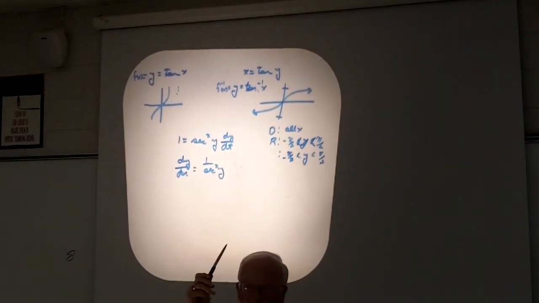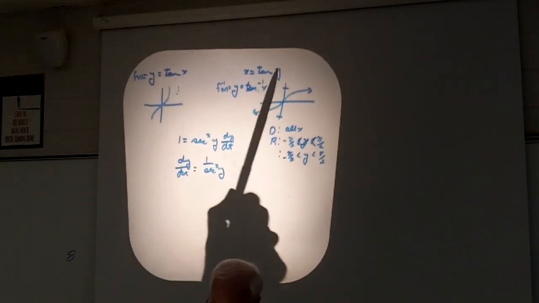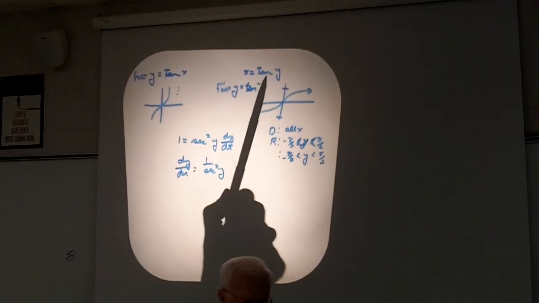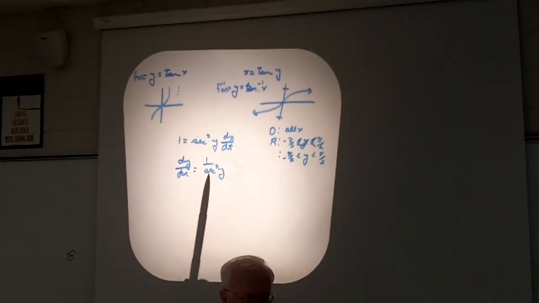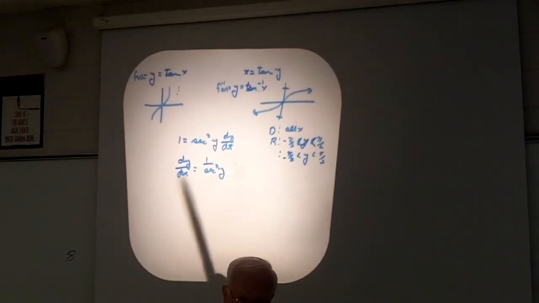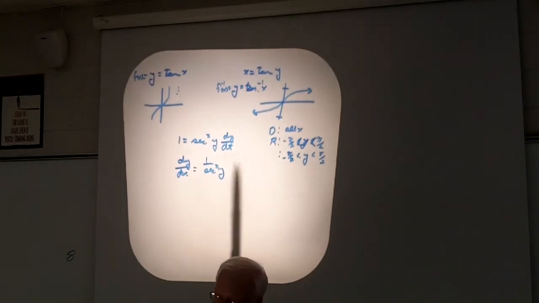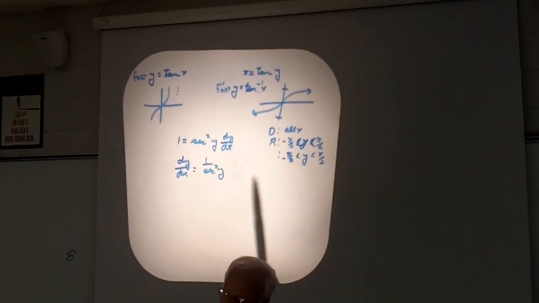Now before I go, I'm just about finished on this one. So watch something else. I said the derivative of this and the derivative of this are reciprocals of each other. See that? Isn't that cool? Now, it doesn't come into your reading. You're not going to read into that, but I wanted to show that so that when you do some problems later, you kind of see how that works.